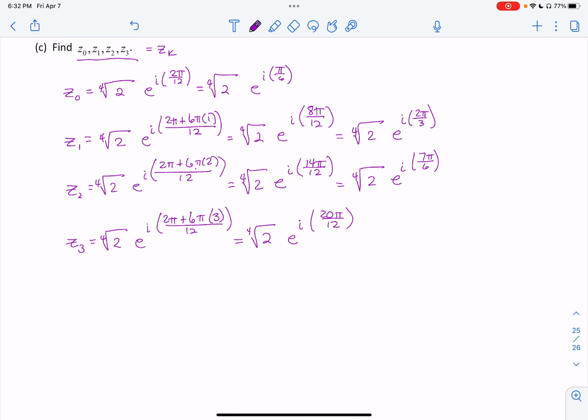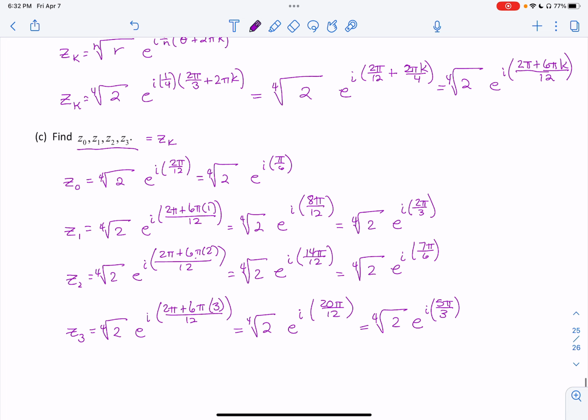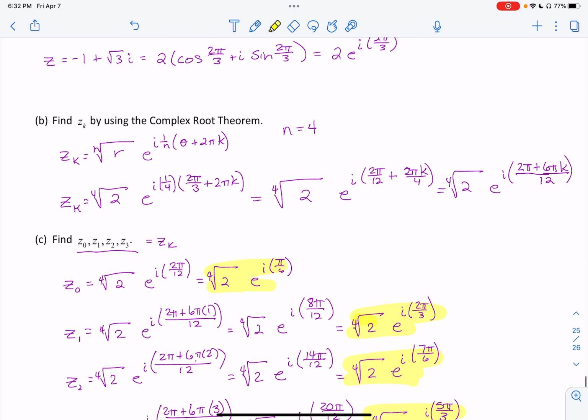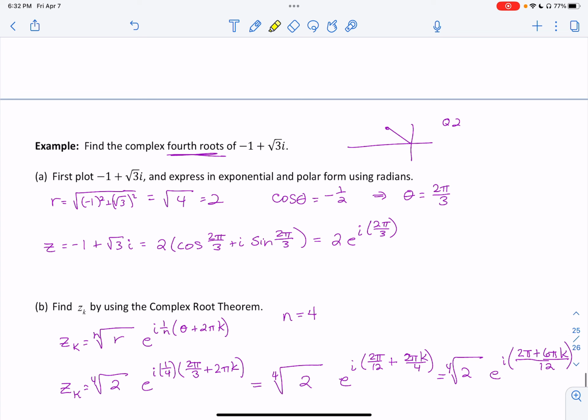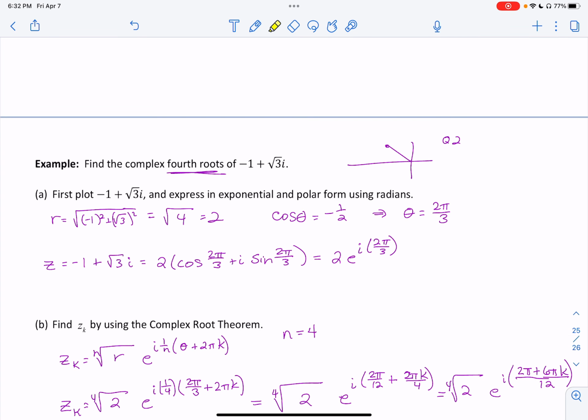That reduces to 10 pi over 6, or 5 pi over 3, which is the fourth root of 2, e to the i, 5 pi over 3. All right, so those are my 4 roots. This one, this one, this one, and this one. The 4 complex roots for my complex value, negative 1 plus the square root of 3 i.